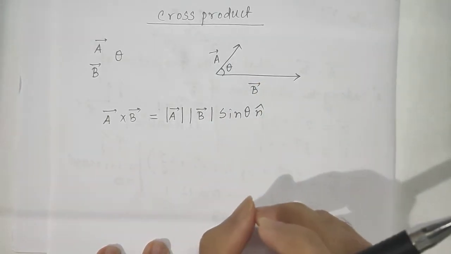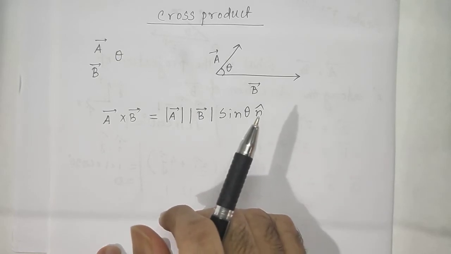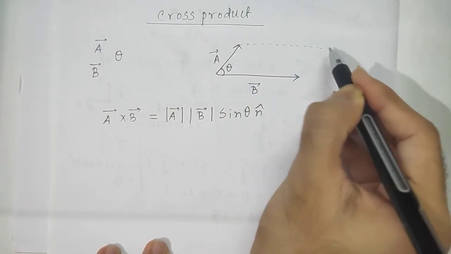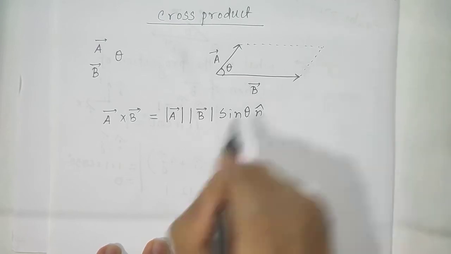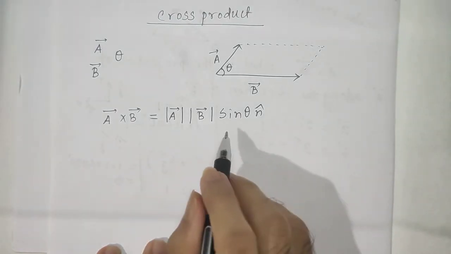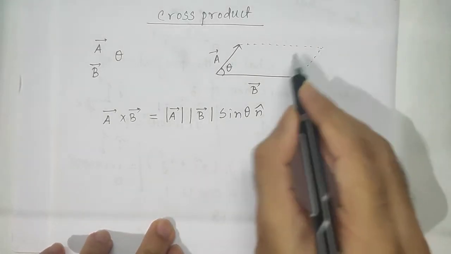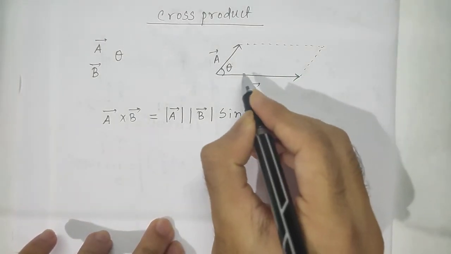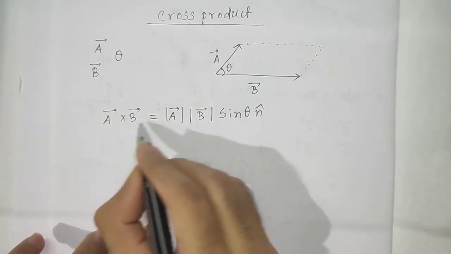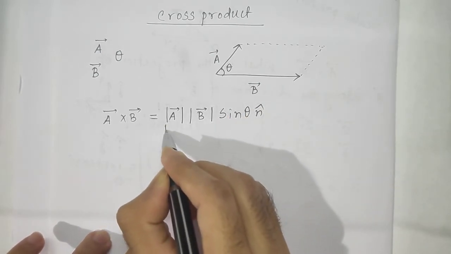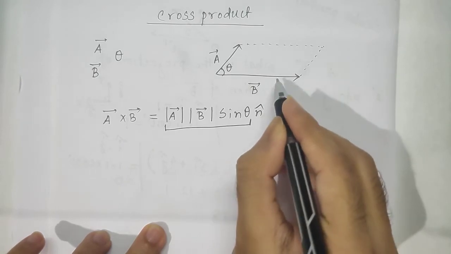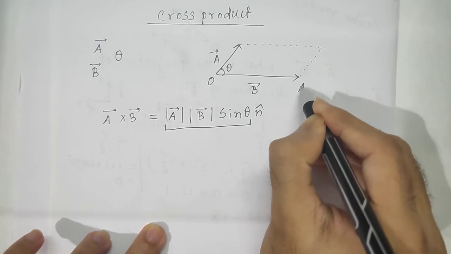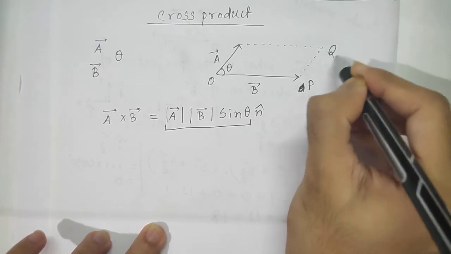That means if we draw this parallelogram, so A cross B, that is this term, will be the area of this parallelogram, which is not A, but PQR.